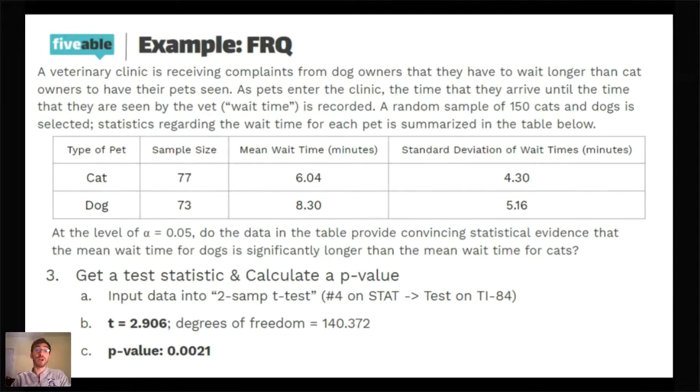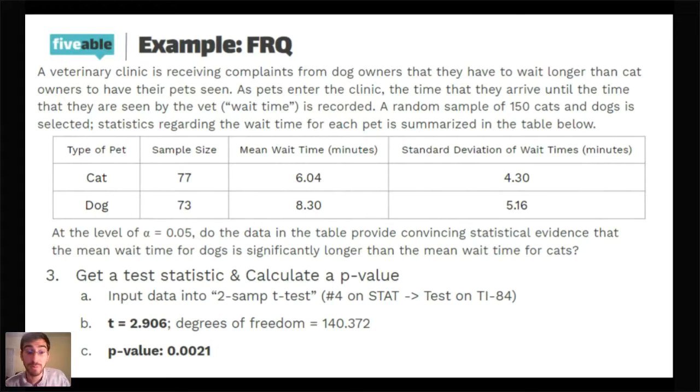Okay, so Chovy, what you've got to be careful with is to make sure you input into your calculator the order that you wrote on your paper. So if you wrote cats first and you put a less than sign for your alternative, then you should get the same p-value with the negative t. You'll still get full credit. What we as readers have to do is look at your test statistic and your p-value and base it on the hypotheses that you wrote at the start.